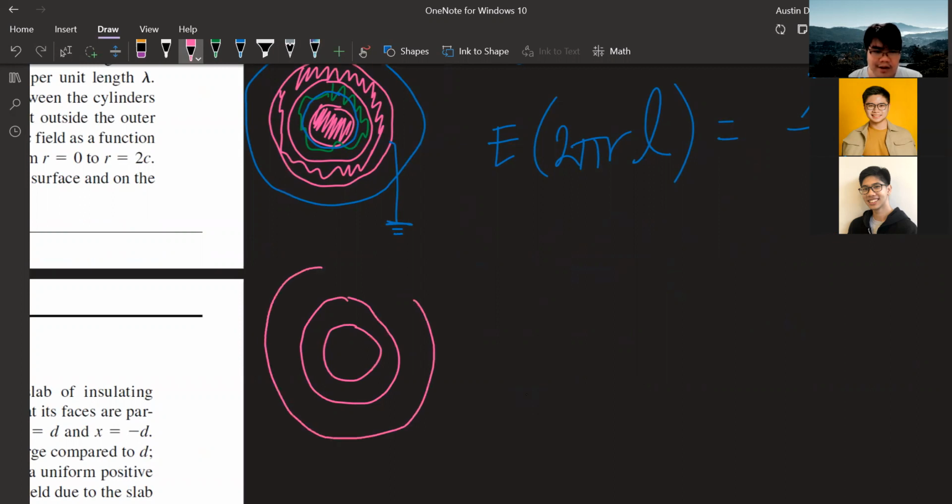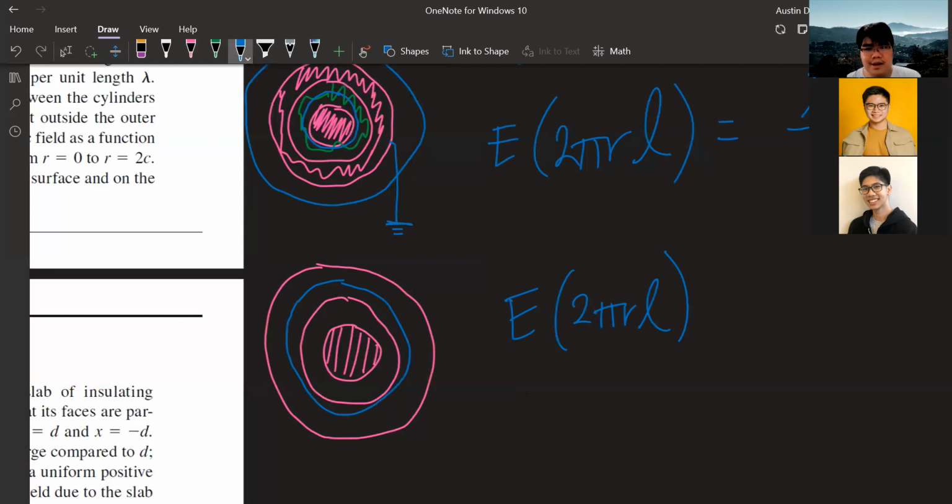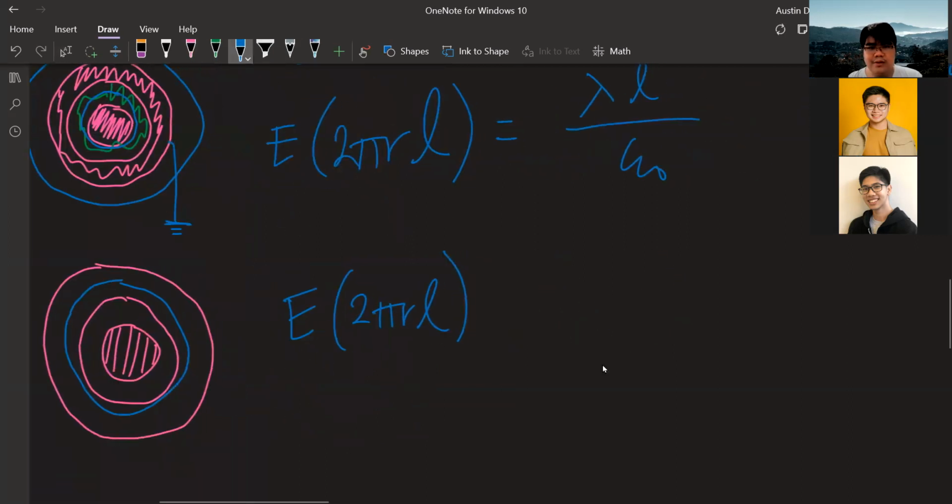Let's enlarge the region from B to C. Okay, so this is solid. What you want to do is put a Gaussian surface here, which is still a cylinder. Let's do it. E 2 pi r L must be equal to the charge enclosed, Q enclosed over epsilon naught.